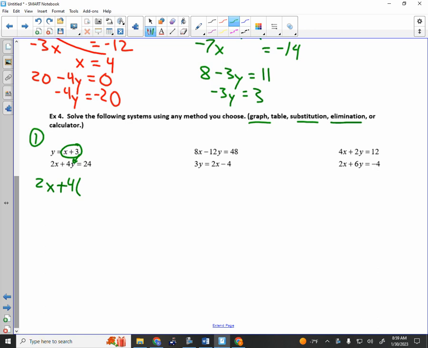We're not going to solve it all the way through, but we are just going to find x real quick. So I have x plus 3 is equal to 24. If I distribute, I get 2x plus 4x plus 12 is equal to 24.